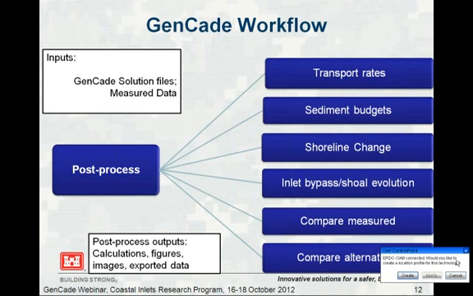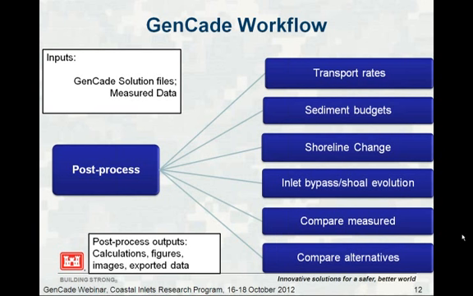We can also look at the results from the inlet bypass and shoal evolution. One of the things that I like to do with GenCade is comparing the measured results for that final year of your simulation to your calculated results. You can bring both of these directly into GenCade and can view almost immediately, and you can tell if you are having some issue with the model, or maybe you've put in the wrong value for something.